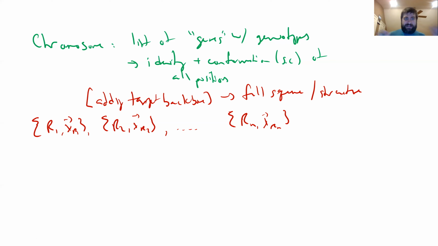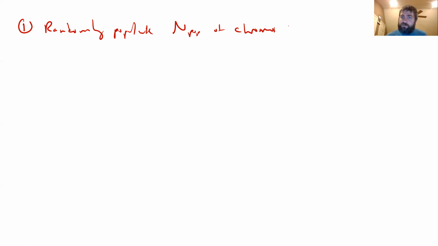So once we've done this, we can start thinking about how we actually structure the algorithm. How do we actually tackle this problem? The first step is that we randomly populate some number of chromosomes, some n population.